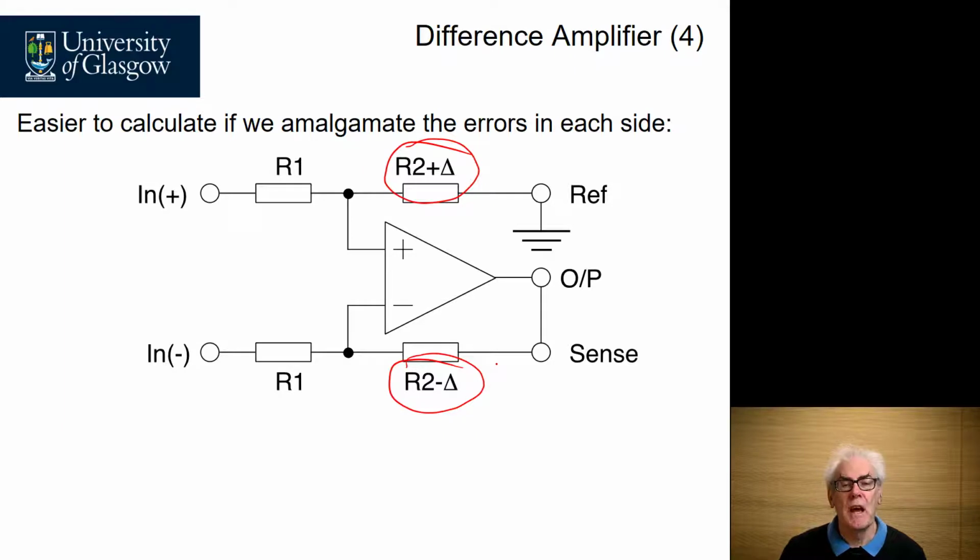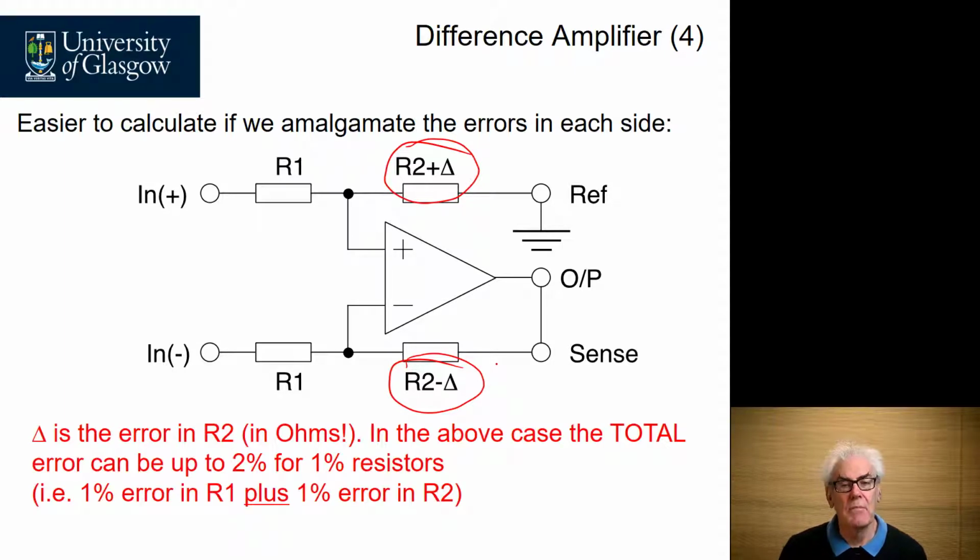We can now do the calculations exactly as we did before. Before we get much further, it's important to realize that the delta figure in this example is in ohms, not in percentage. The total error, delta, could be up to 2%, because you would get 1% error from R1 plus 1% error from R2.